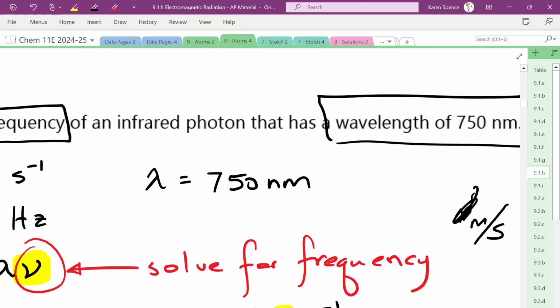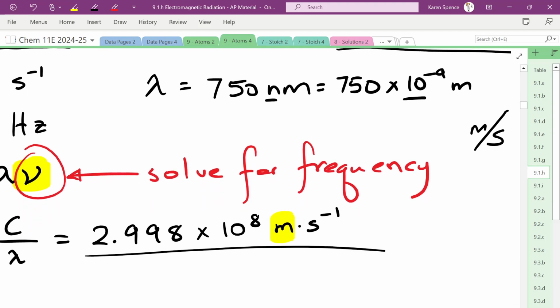If you remember, what is nano equal to? It's equal to 10 to the +9 or -9? -9. So we're just going to replace that nano with 10 to the -9 and put in meters because it's just easier. You can put it into scientific notation if you want, but you don't have to. So this would be divided by 750 times 10 to the -9 meters.